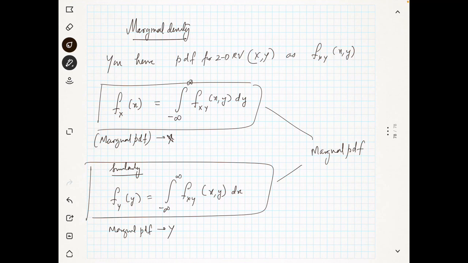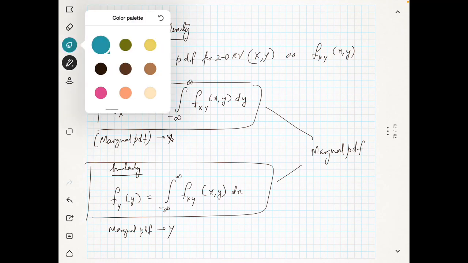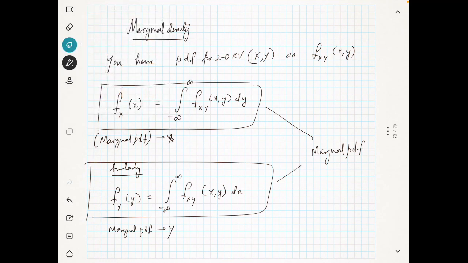This formula is for the continuous random variable, as I told you. Similarly, for the discrete random variable you have the same thing, but instead of integration you have summation.